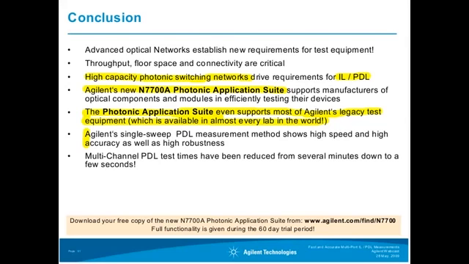Also regarding PDL, we have seen that the Agilent single sweep measurement method shows really high speed and high accuracy as well as high robustness, so that you have a high reliability of the measurement results. This has the benefit that the multi-channel PDL test times have been reduced from several minutes in the past down to a few seconds today.